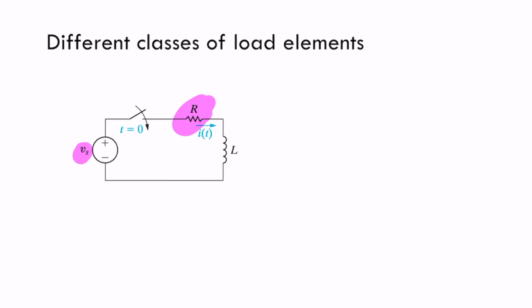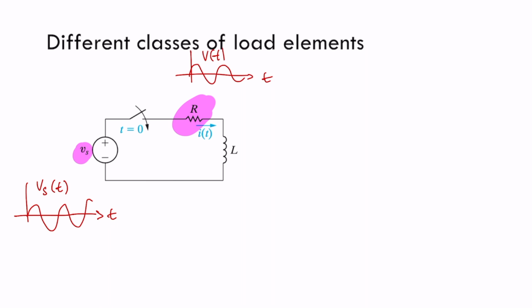We are assuming we are working with a sinusoidal wave, the voltage of the source that depends on t. So we observe something very similar here, but scaled with Ohm's law.